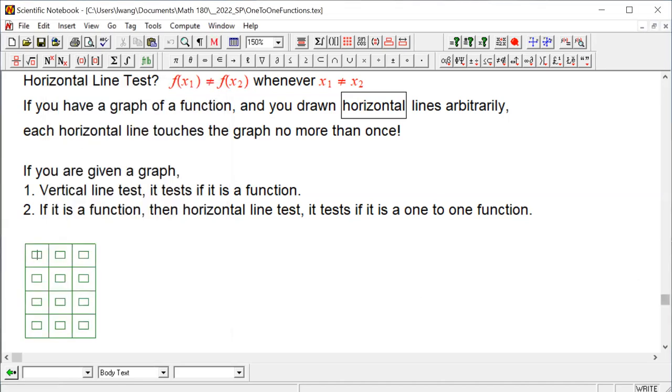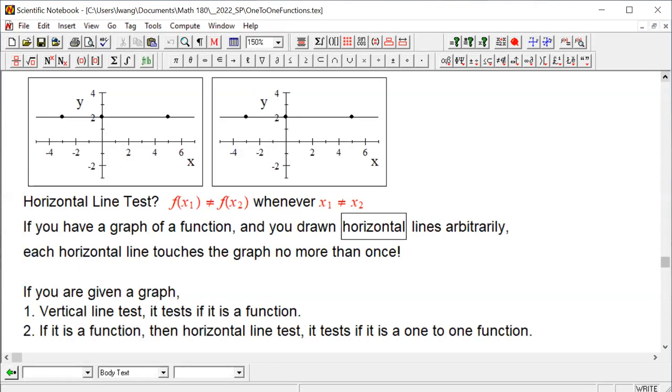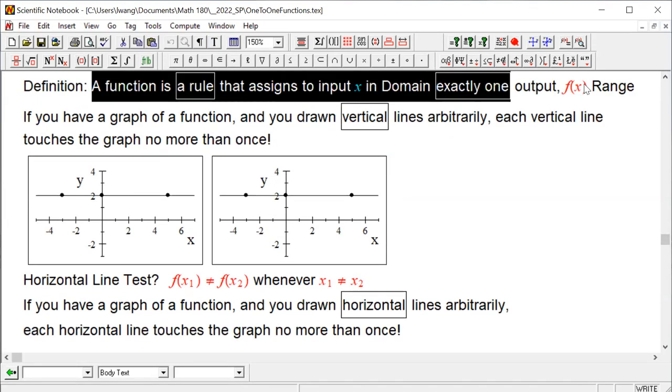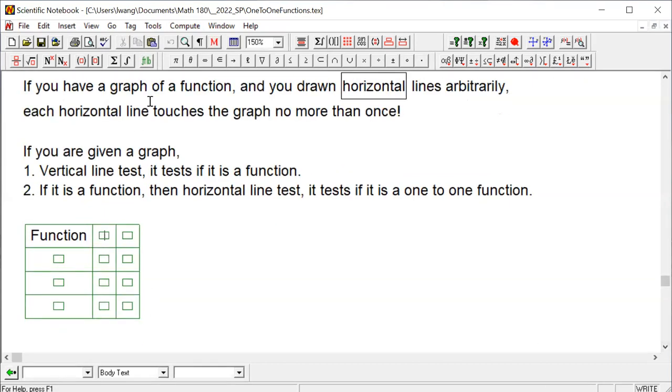So first, the first part, we're going to look at the function. For function, we have the definition in words. We're going to put the words right there.